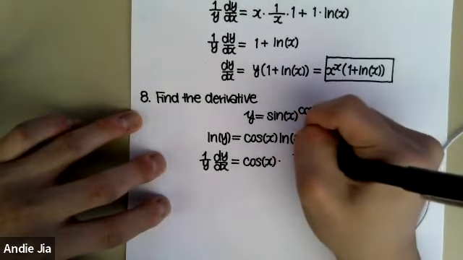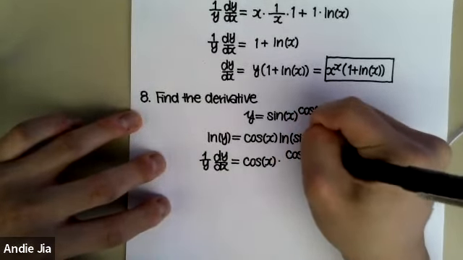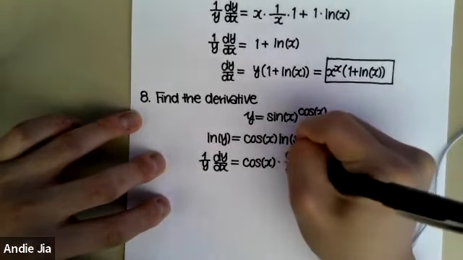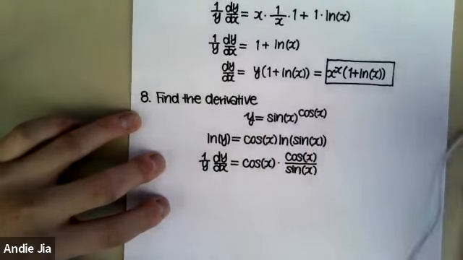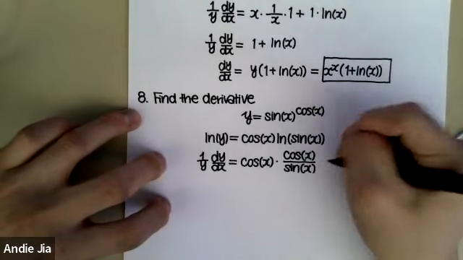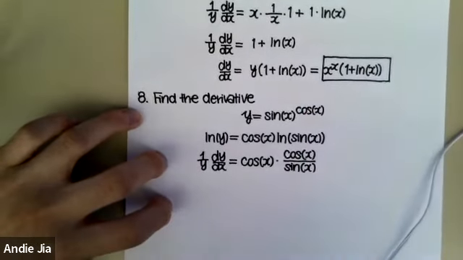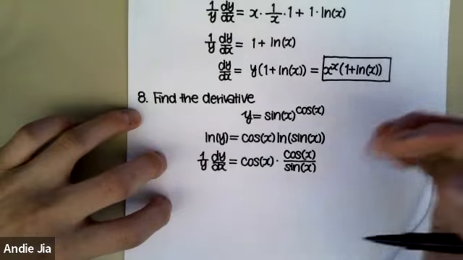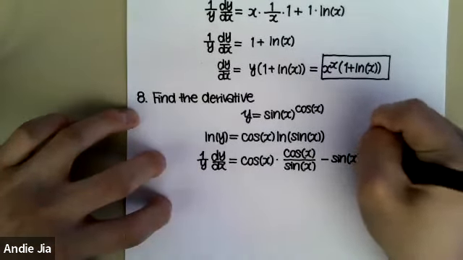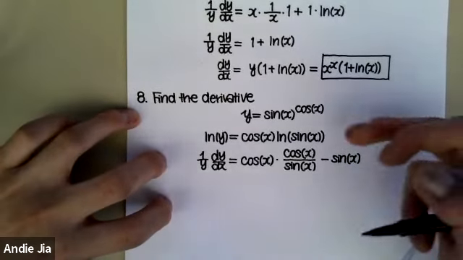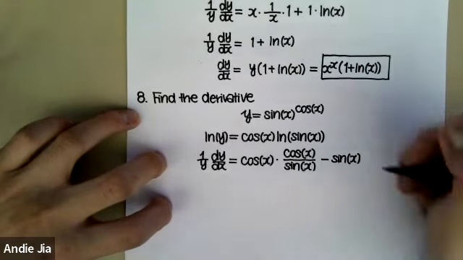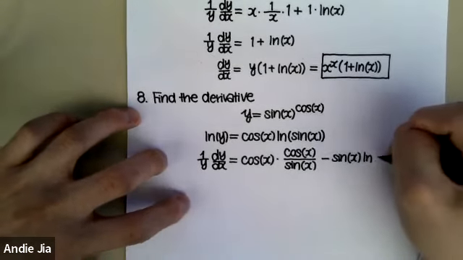The derivative of sine is cosine of x, times natural log of sine of x, plus... because the derivative of cosine of x is negative sine of x, so we just say minus sine of x times natural log of sine of x.